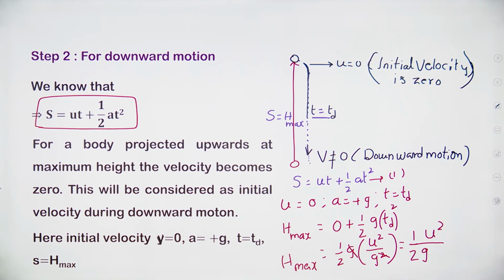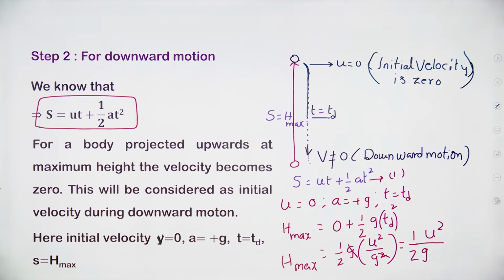Have a look, everybody has to see this expression. In general, we have this expression in downward motion, from the maximum height to the point of projection, which is going to be identified. Now you can have that TD, that is going to be the time of descent. We have to consider time of descent.